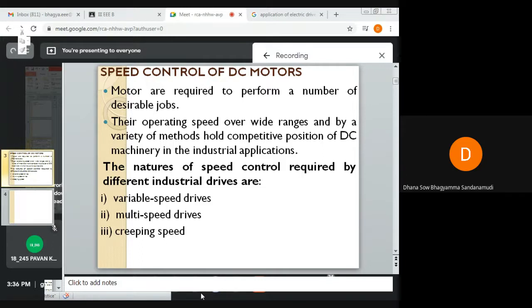Such speeds we call creeping speeds, and the drives in which creeping speed is there, we call creeping speed drives.